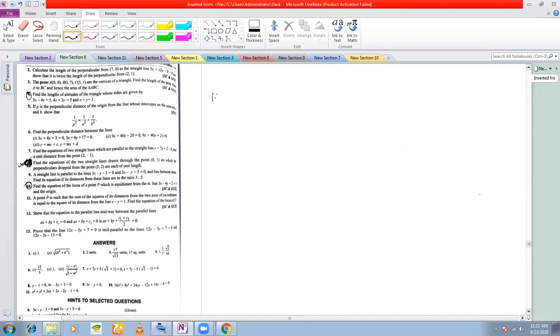Let's see number 10. Find the equation of the locus of a point which is equidistant from the straight line whose equation is given and the origin. Okay, so let us write the given equation of the straight line: 3x minus 4y plus 2 is equal to 0.